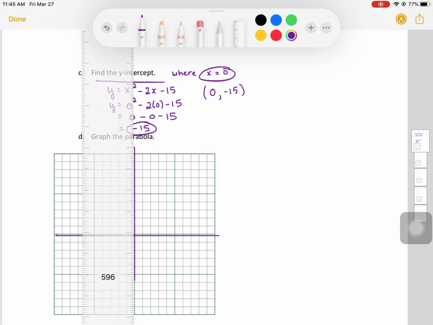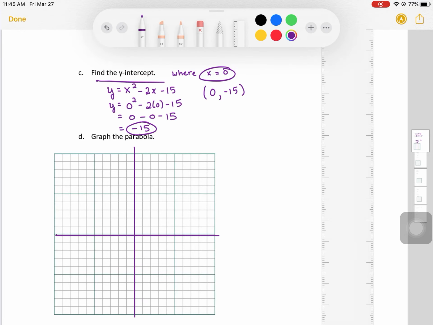Miley, that's my dog Miley and my daughter. I'm going to scale by twos. So that would make this negative 10, this would be 10, this would be 10, and this would be negative 10.